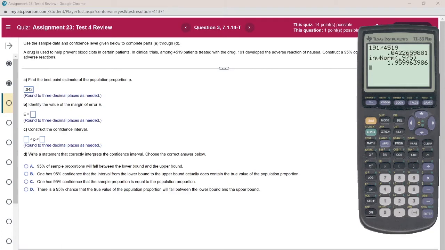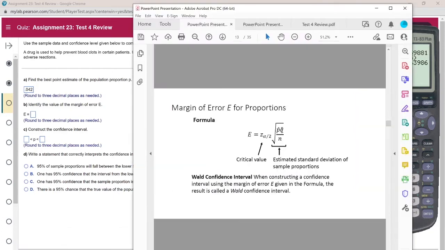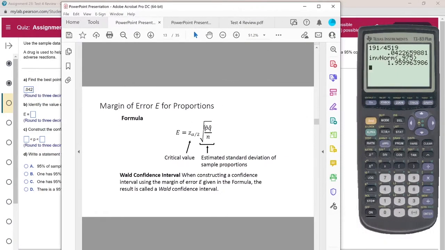So we need that z-score here, and then we need to multiply this by the square root of sample proportion times 1 minus sample proportion, divided by n. So I'm going to multiply this by the square root. Inside that it's 0.042 times 1 minus 0.042, because q hat means 1 minus p hat.